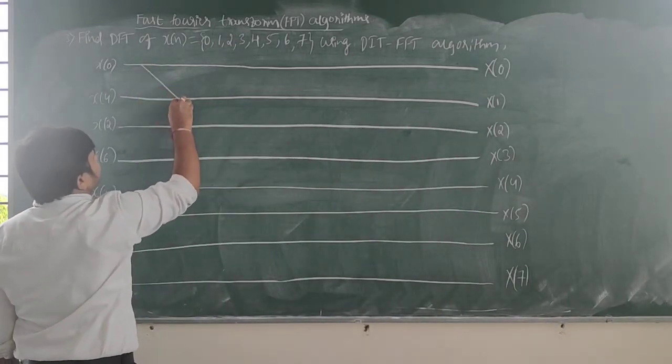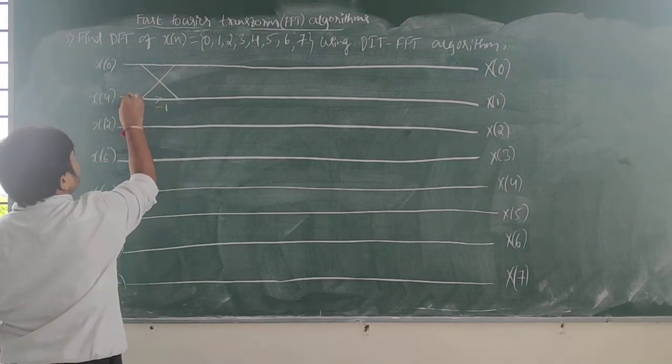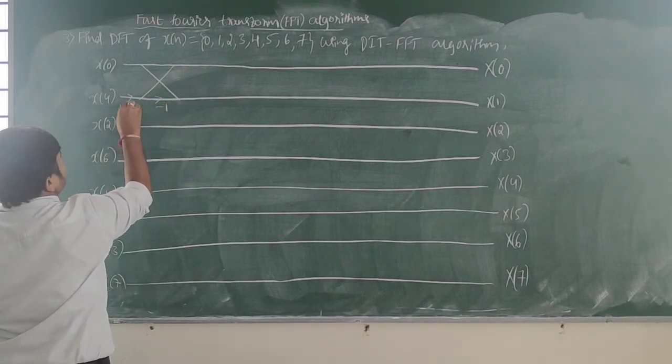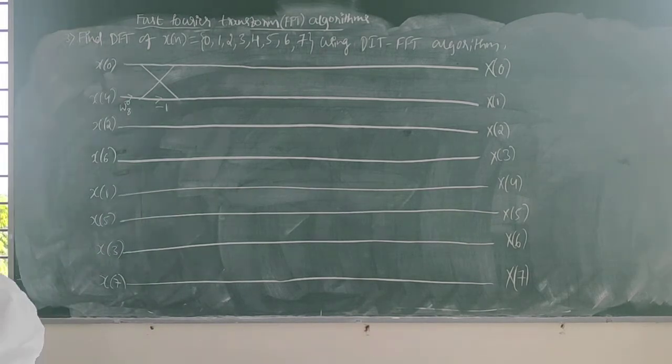And so the first stage will be like this. So here minus 1, here W8 power 0, since it is 8-point DFT.